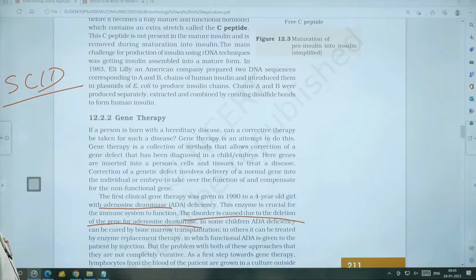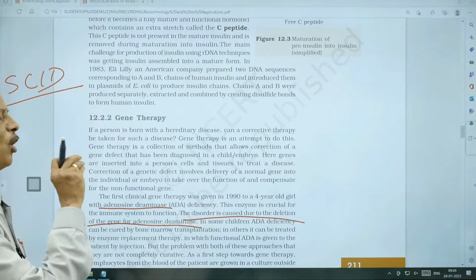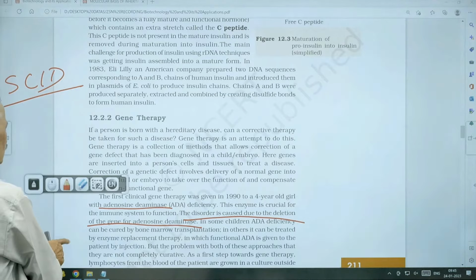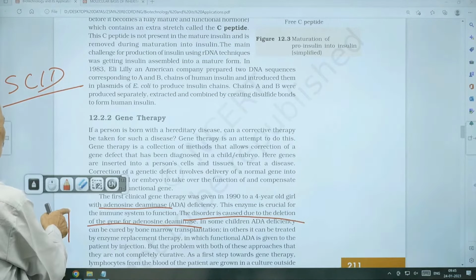By bone marrow transplantation, it can be treated, in which a functional ADA is given, or the bone marrow is replaced. That is possible, but it is not a permanent cure. The problem with both these approaches is that they are not completely curative, because the enzyme will be acting only for some time.